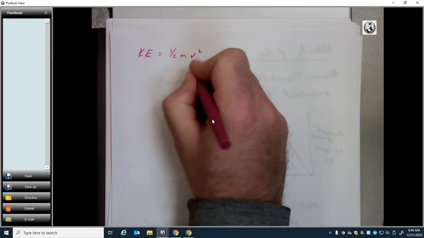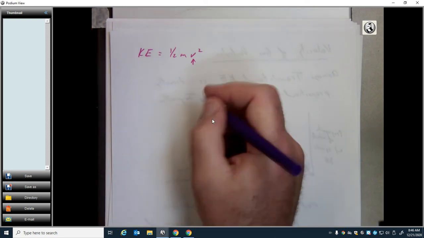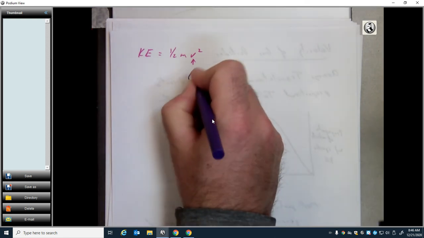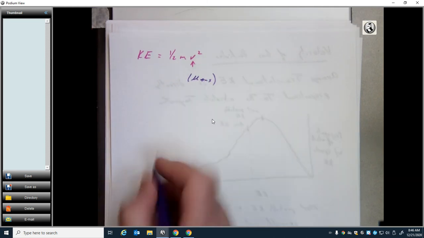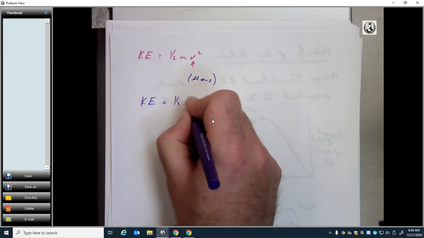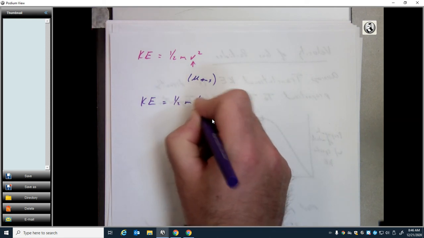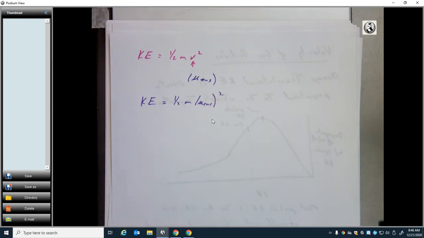Well, we're dealing with gas particles, and for the velocity, we're going to use that root mean square. So kinetic energy is equal to 1/2 m times the root mean square squared.